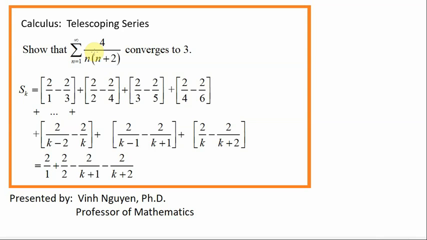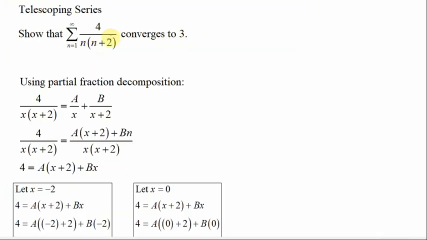Here we have an infinite series, and I want to show that this infinite series converges to 3. The first thing I want to do is use what's called partial fraction decomposition to decompose the expression 4 over n times n plus 2.